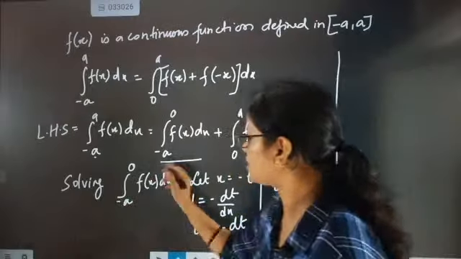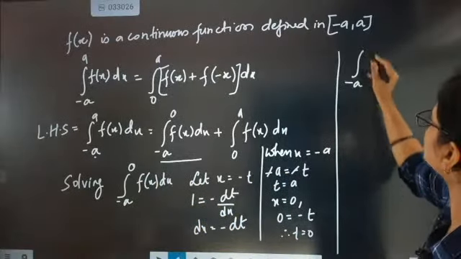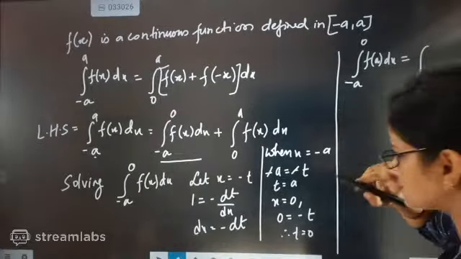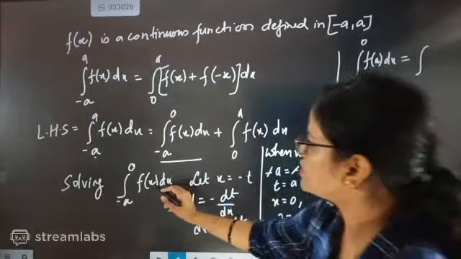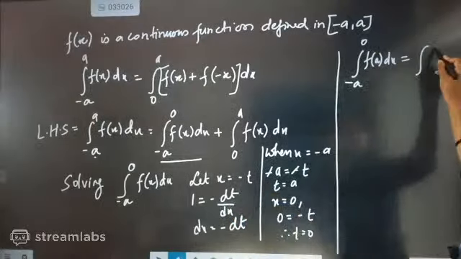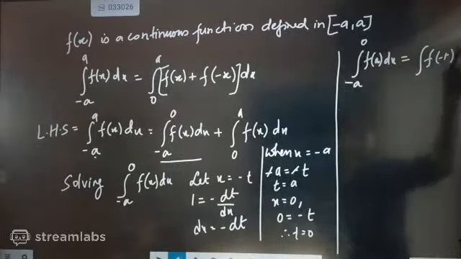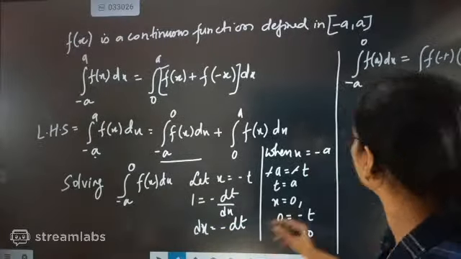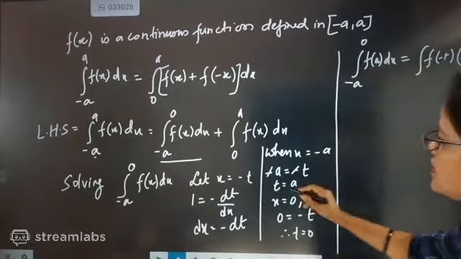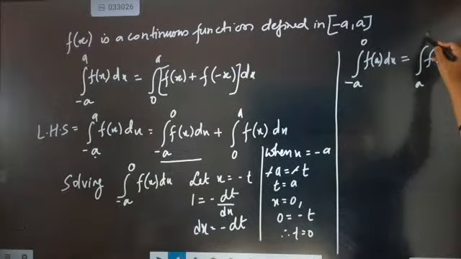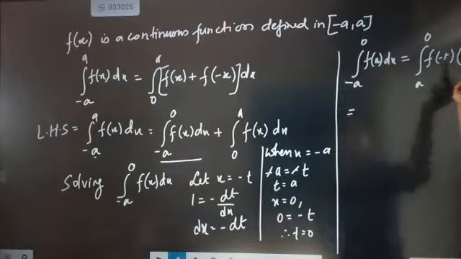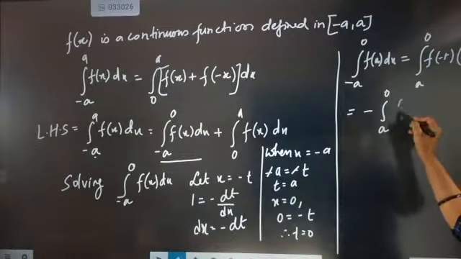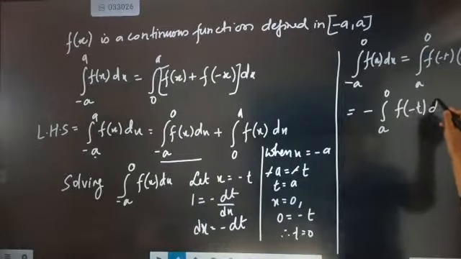The integral from minus a to 0 of f of x dx is now written as, instead of f of x, we write f of minus t, into minus dt, because instead of dx we write minus dt. Now the lower limit is coming as a, the upper limit is coming as 0. So one small work, we are going to take the minus out.